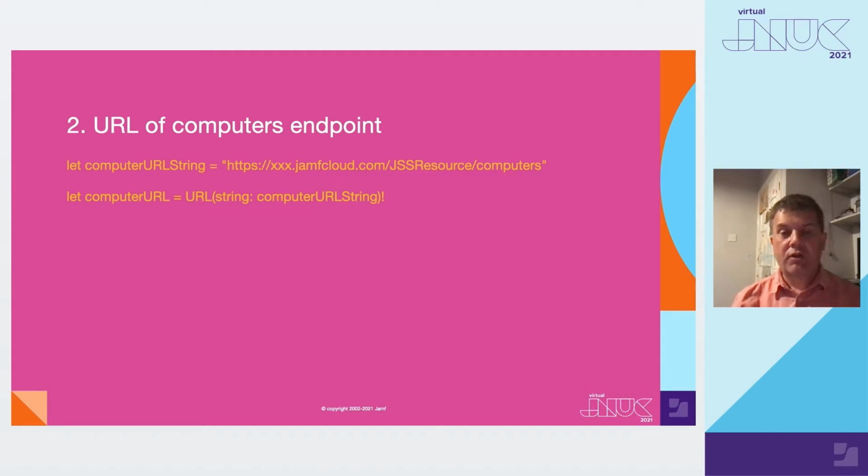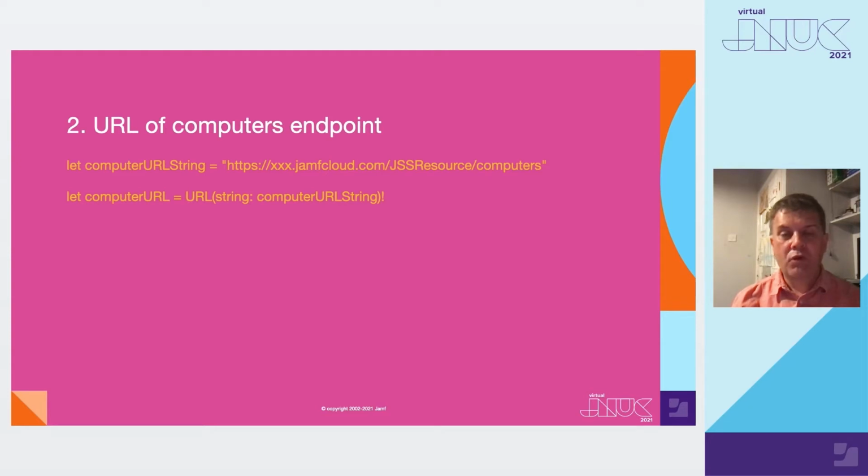That's the computer endpoint where we can grab computer records. So we create a string that's going to have this complete URL, and then we're going to convert it to a URL type. Swift has a specific URL type, so we're going to pass in that string we've created, and we get a URL back that we can then use going forward with the APIs. Notice that we've got an exclamation mark after this.